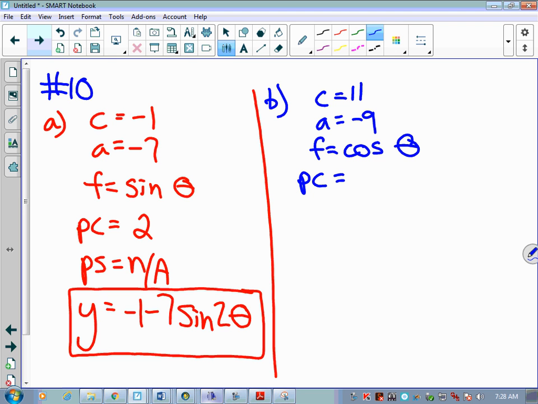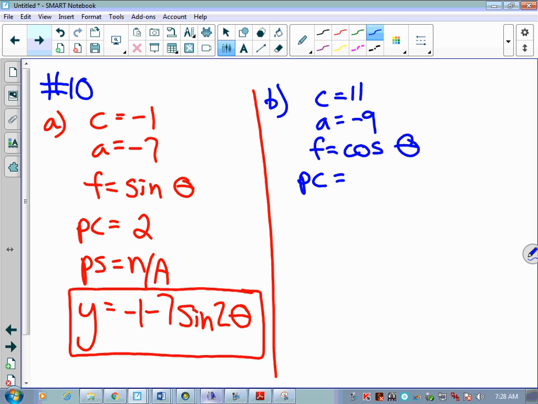Like in our other one, where it crossed at 180, that's pretty easy to figure out. It's going to go through another period and another 180 degrees. For the math, we take 360 divided by 180, which gives me 2.